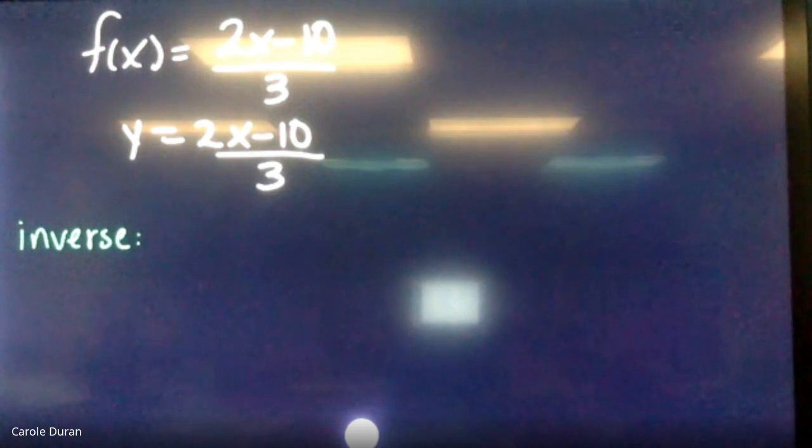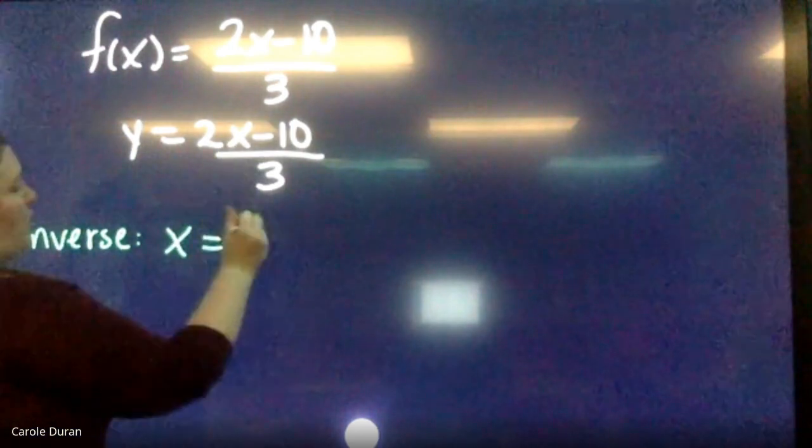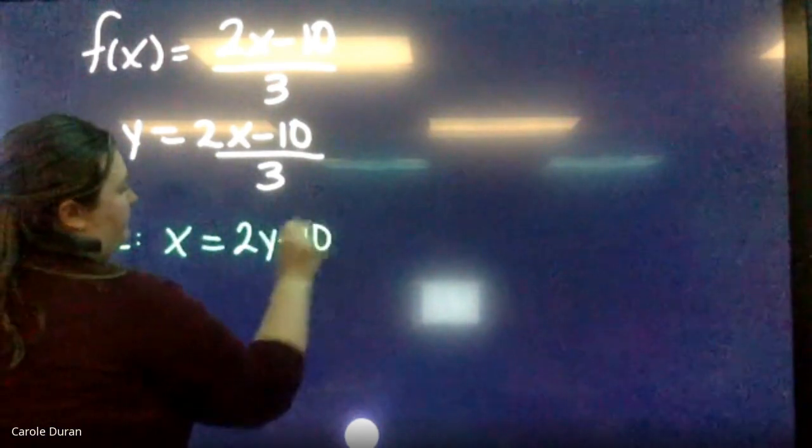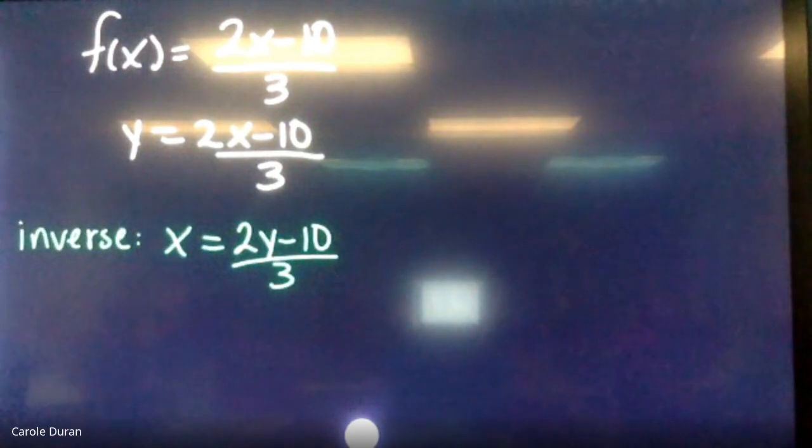Right, x equals 2y. Keep going. So everything that was a y becomes an x, and everything that was an x becomes a y. So I literally just flip-flop them. So that becomes x equals 2y minus 10.